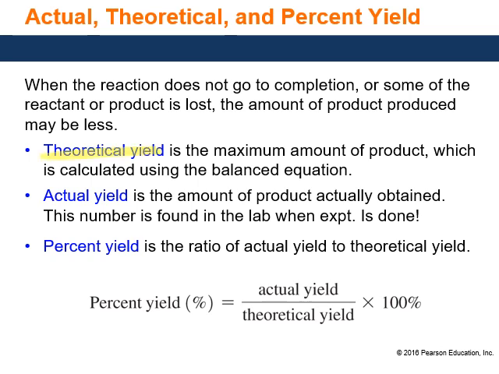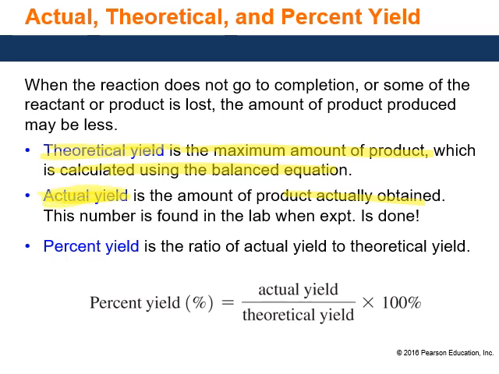Theoretical yield is the maximum amount of product that can be calculated using the balanced equation. So this is the amount of product that can be made from the limiting reactant. Actual yield or experimental yield is the amount of product that was actually obtained when the experiment was done. So this number will always be given to you in the question.